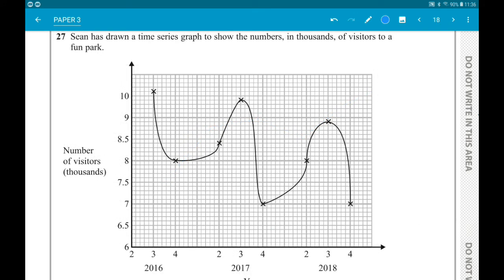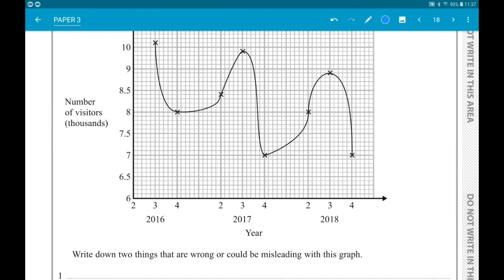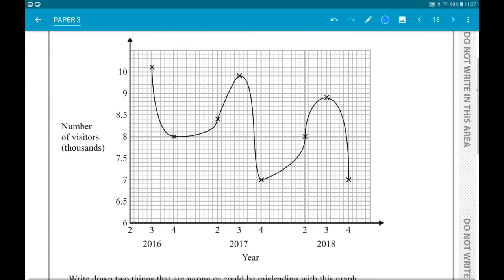Okay, number 27. Sean has drawn a time series graph to show in thousands the number of visitors to a fun park. Or he's tried to. So our job is to write down 2 things wrong with his graph. So the most obvious one is that he's not joined the points with straight lines.